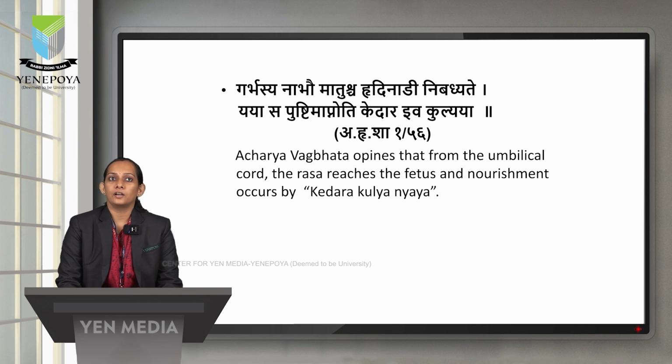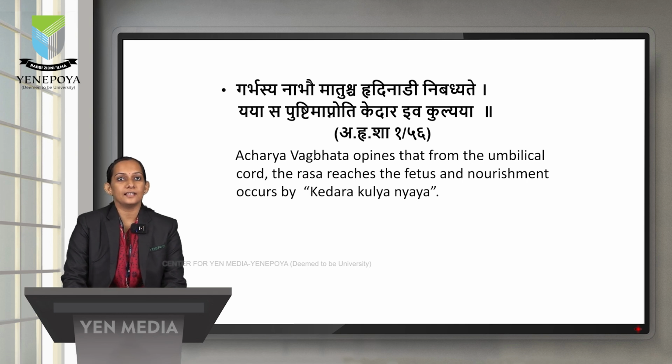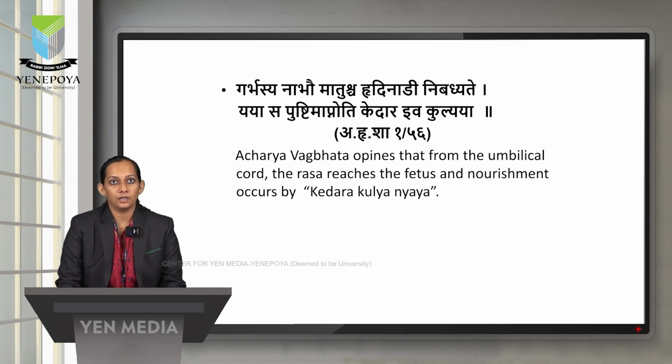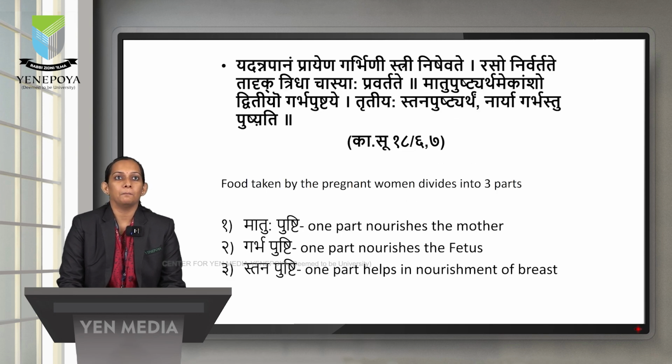Garbhasya nabhi, the fetal umbilicus, is connected to the mother's hridi nadi. He clearly says that the fetus is connected to the mother, and grows by the nourishment obtained from her. He gives a simile, Kedara iva kulya nyaya, as it grows in the mother's womb connected to the mother.